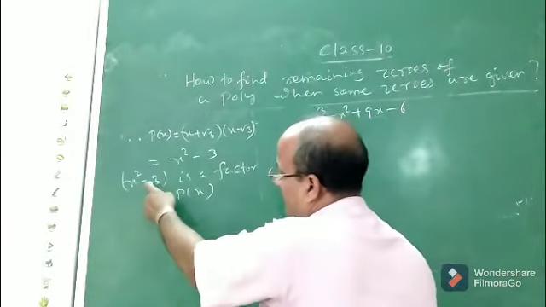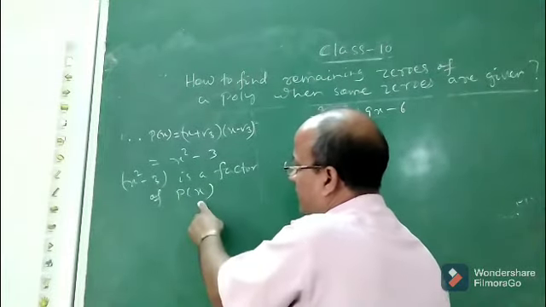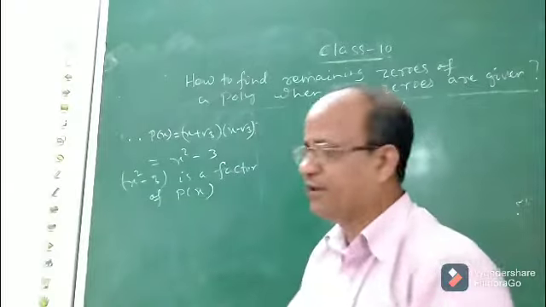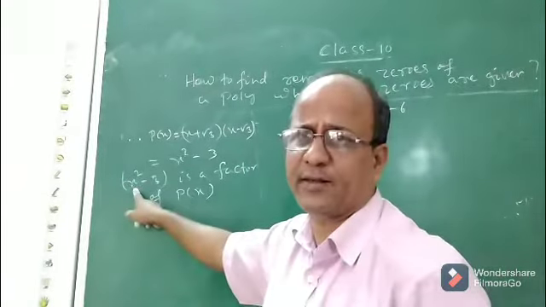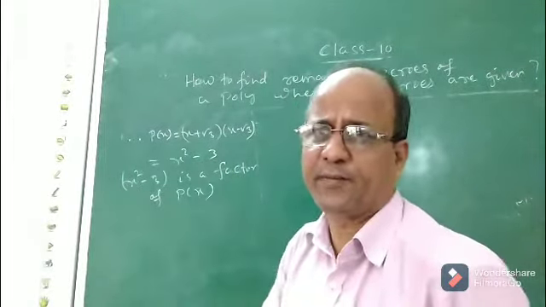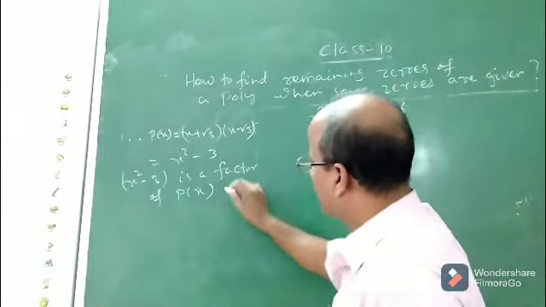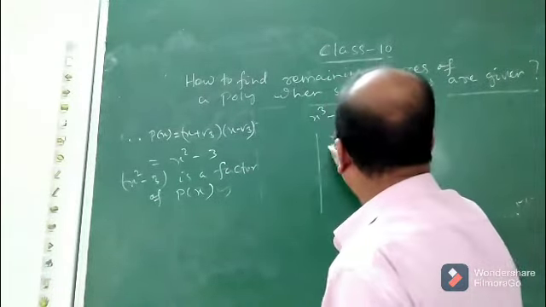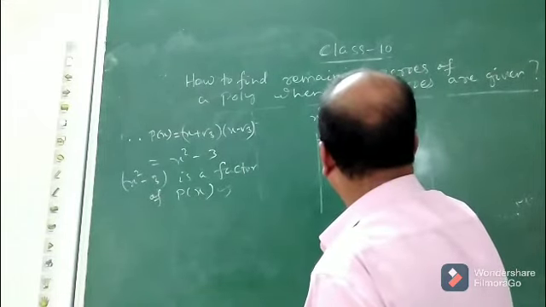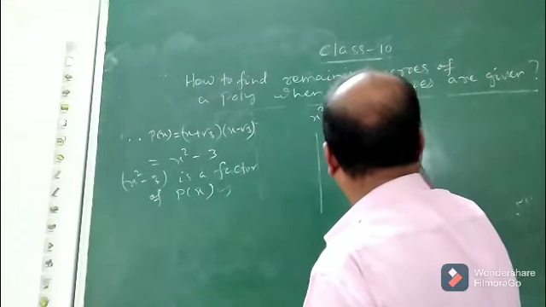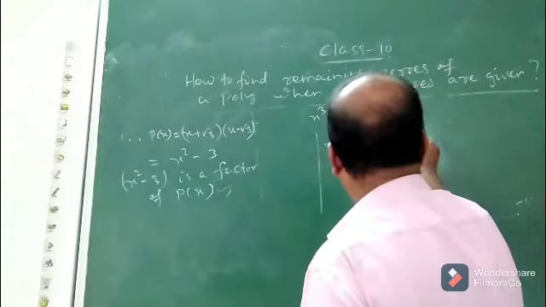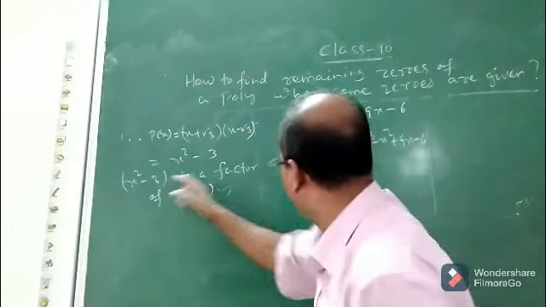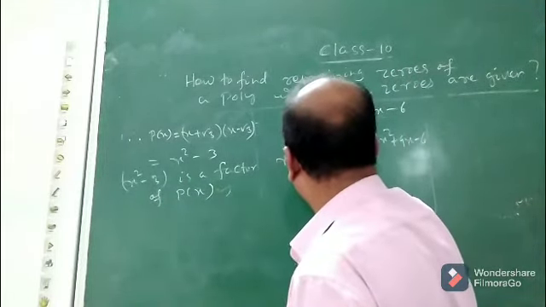So, what is the next step? You divide p of x, that is x4 minus 3 x cube minus x square plus 9x minus 6, by this factor, x square minus 3.